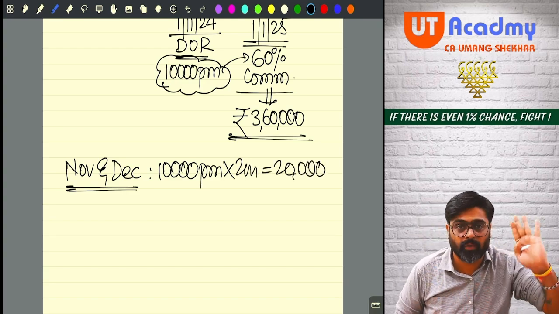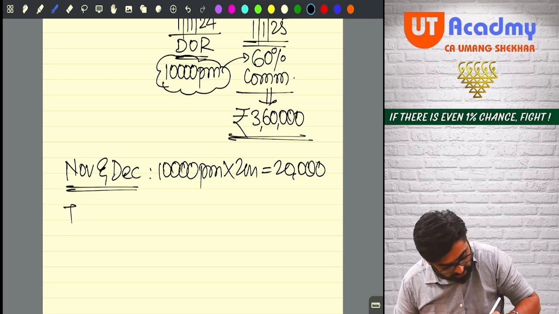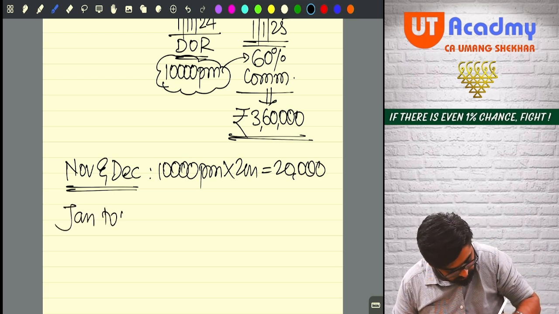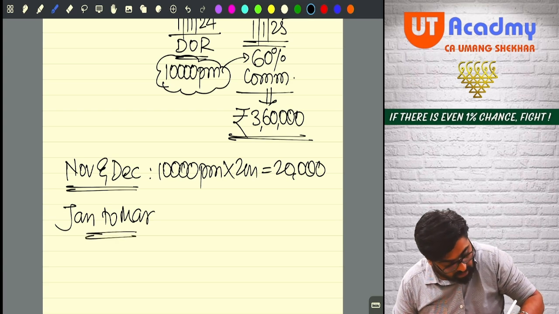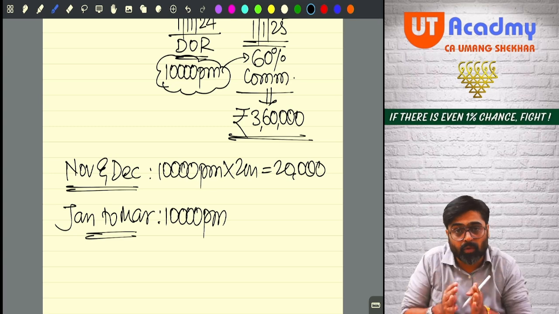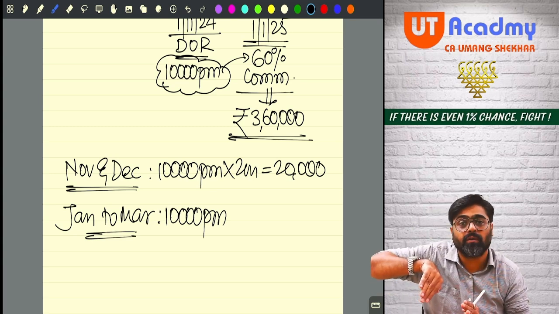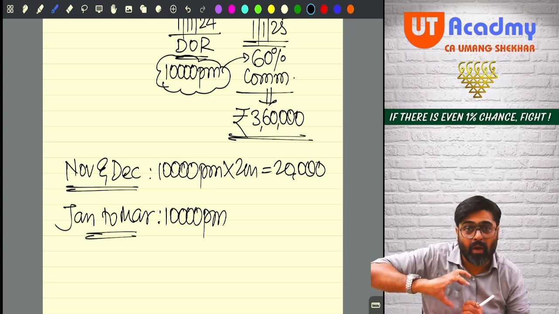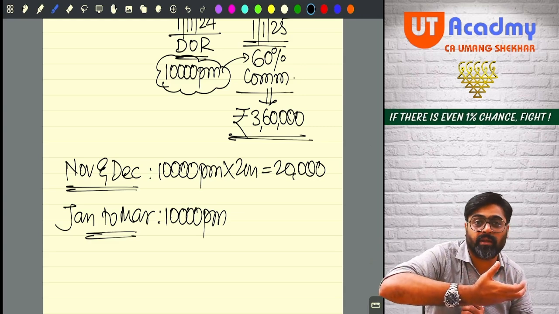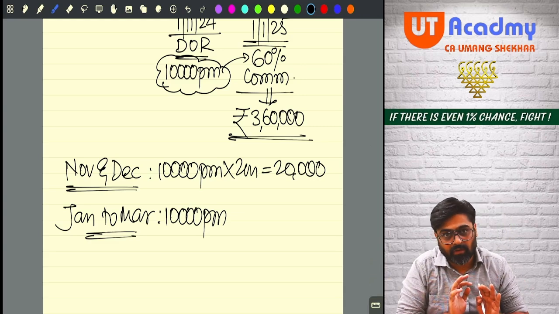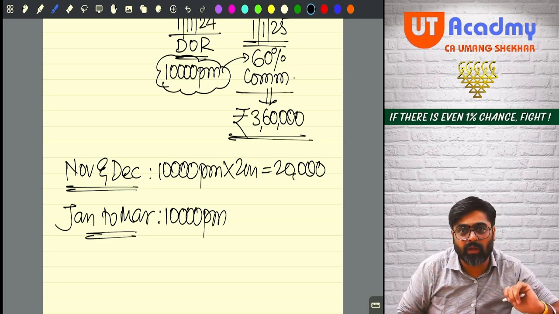On 1st January he commuted 60%. So from January to March, he was supposed to get 10,000 only, but since he commuted 60% on 1st January, he is not going to get the entire 10,000. Whatever remains, 40%, only that he will get.